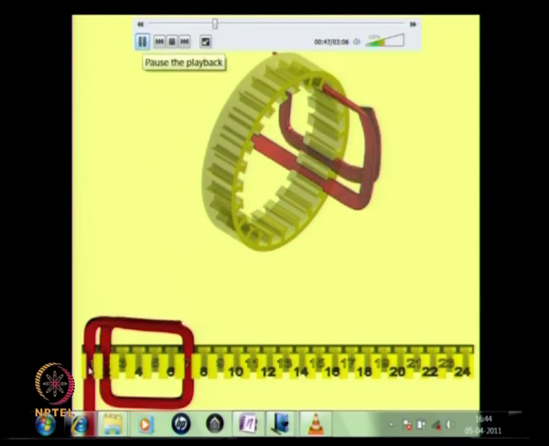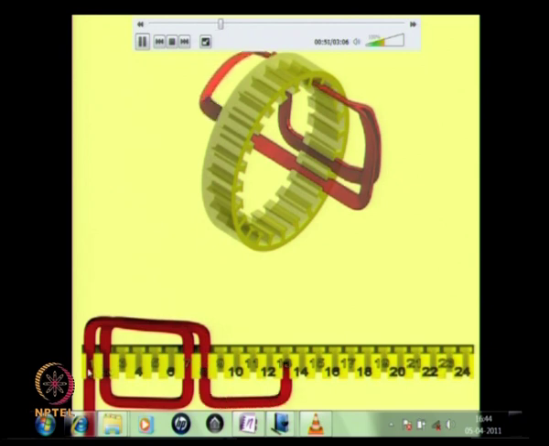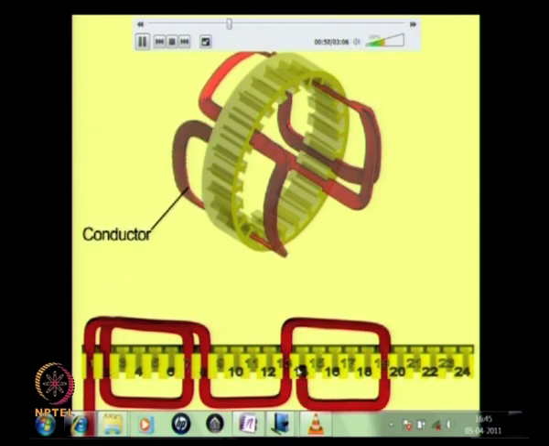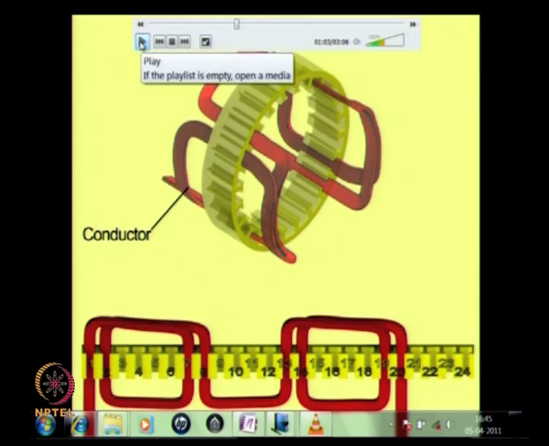So, now you see that the stator winding is distributed in 2 slots, it is not a single slot winding, and then 2 slots again here, and then again here there is going to be 2 slots and 2 slots here. So, now you have 2 slots per pole. There are 4 poles in the machine.